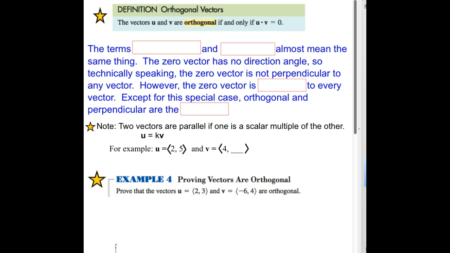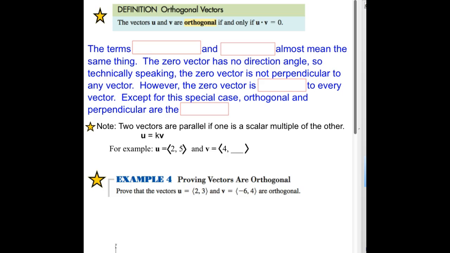All right, the last little bit that we're going to talk about. If two vectors form a 90-degree angle, you would say they are what? Perpendicular, that's the term that we're used to using, right? The term you're going to be using now is called orthogonal. It's very similar to perpendicular with one exception. So the definition here: the vectors u and v are orthogonal if and only if the dot product is 0.